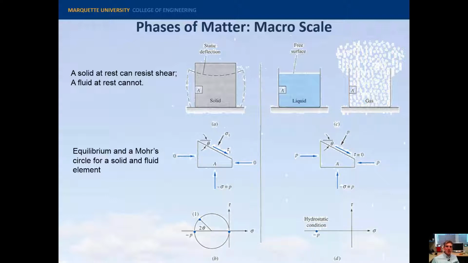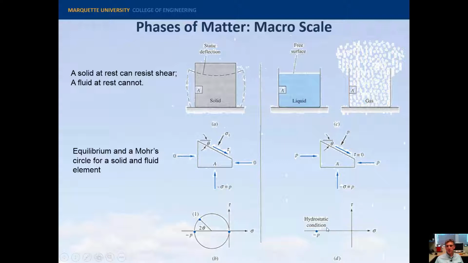So the equilibrium position here is shown with just a volume element or an area element of what the loading condition looks like. On a Mohr circle, a solid can support both static shear and normal stress, with the diagonal of the stress tensor being pressure. Here, the Mohr circle of a liquid or a gas is really kind of boring.